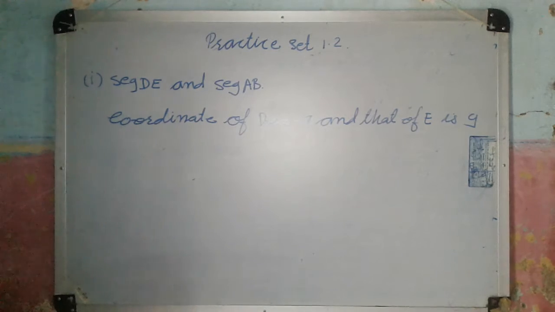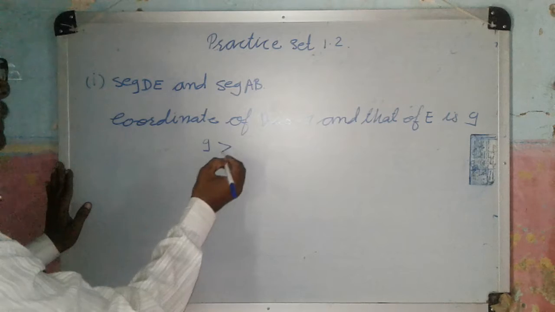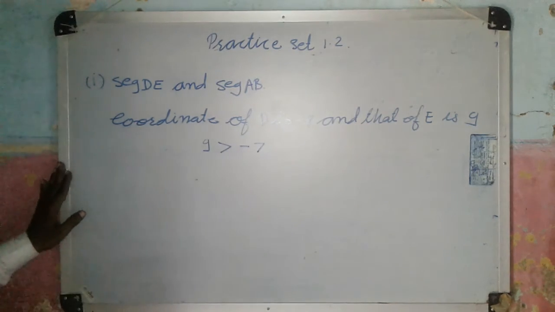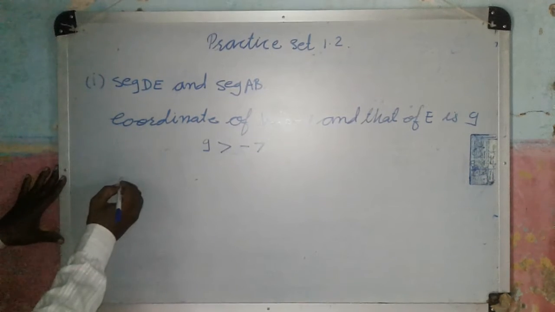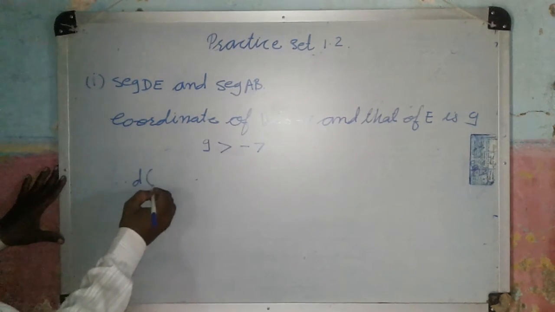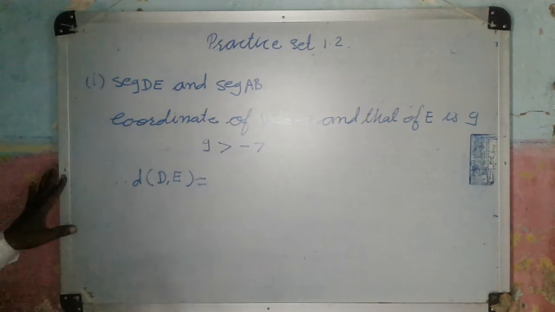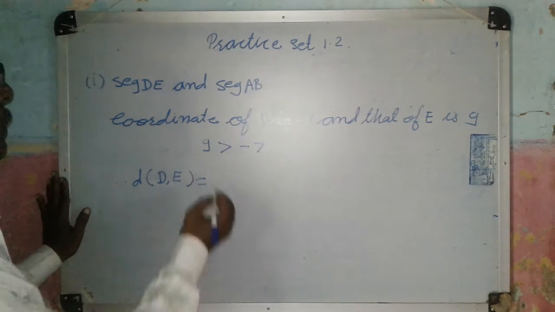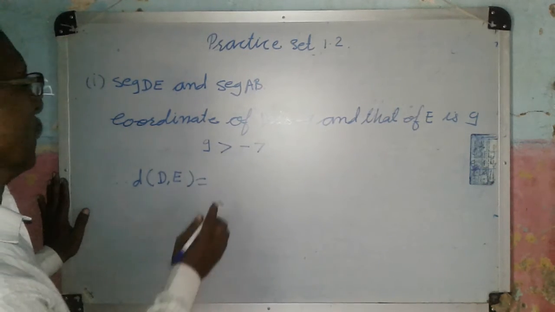So here 9 is greater than -7. So distance is equal to larger coordinate minus smaller coordinate.